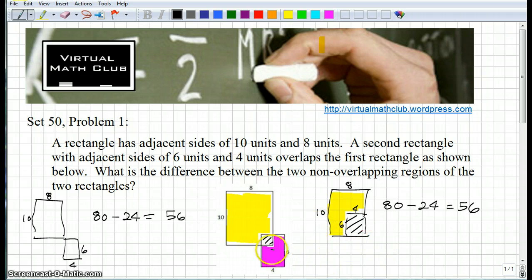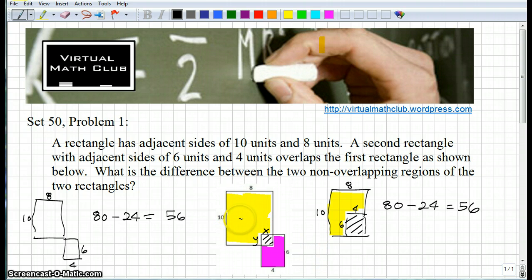Well, let's take a look at this original drawing with the two rectangles. And let's take a case where this overlapping region is x by y. We aren't told how much they overlap. So let's figure out what the difference is between the two non-overlapping regions.